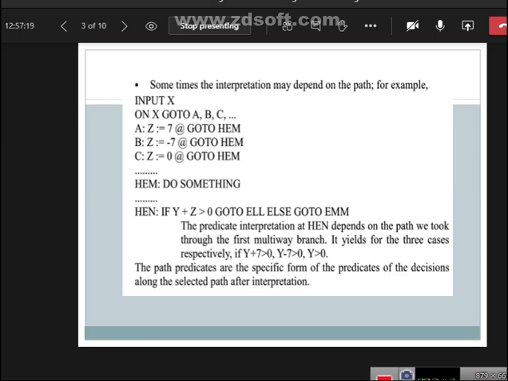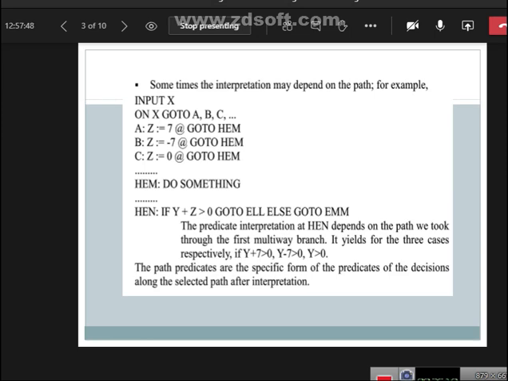Because if we have taken the z value minus 7, then the value of y should be 8. 8 minus 7 is 1, which is greater than 0. So here the condition is satisfied. So the y value should be greater than or equal to 8.